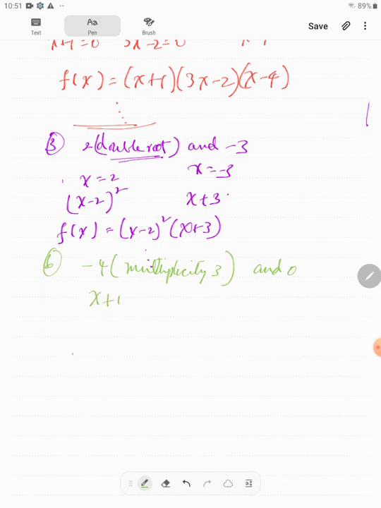So this becomes x plus 4 cubed times x. Okay. And multiply and write it in standard form. All these terms must be written in standard form. All right, so that's the sixth one.